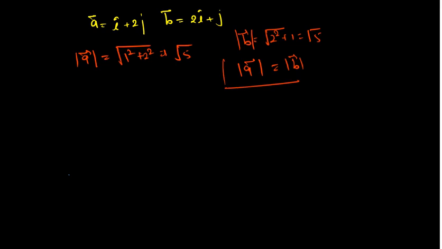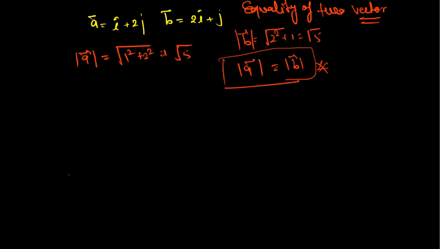But this alone will not decide the equality of two vectors. Equality of two vectors will not be decided on the basis of the magnitude alone. Then on what basis will it be decided? It will be decided on the basis of its magnitude as well as direction. If I want to calculate the direction of a vector, it is nothing but the unit vector of a.